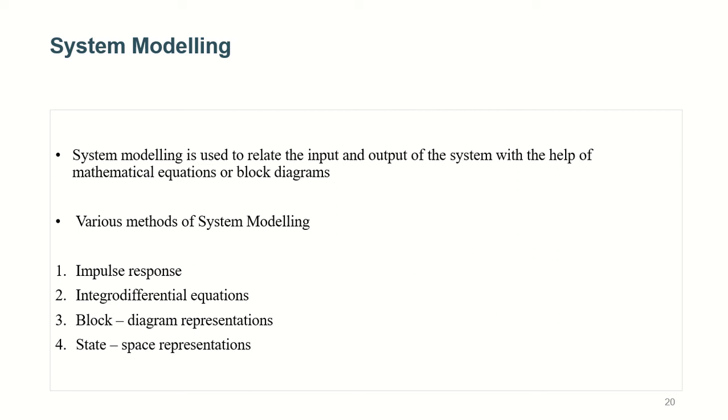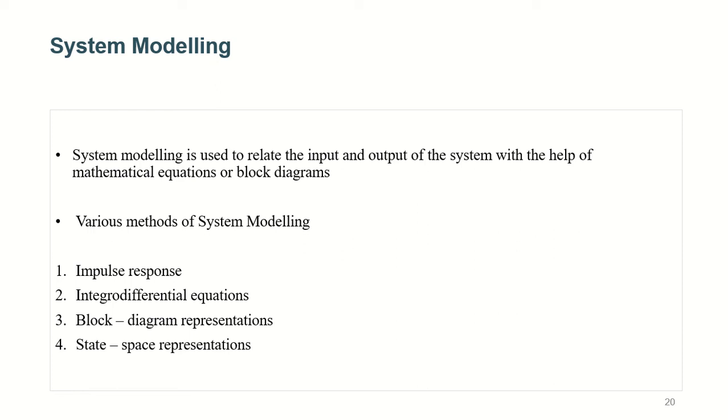But what do you do basically? You relate the input and output of your system with some medium. That is your system modeling, right? And there are multiple system modeling methods which are used for relating input with output. So first one is impulse response, which we are going to discuss in today's lecture.